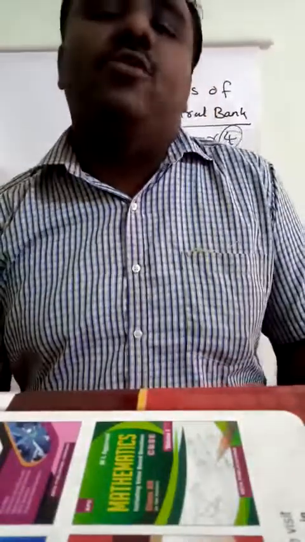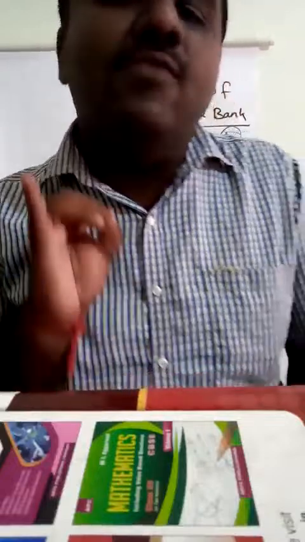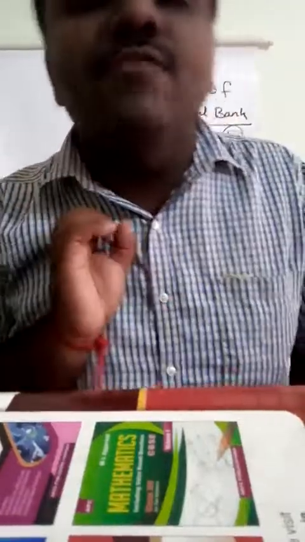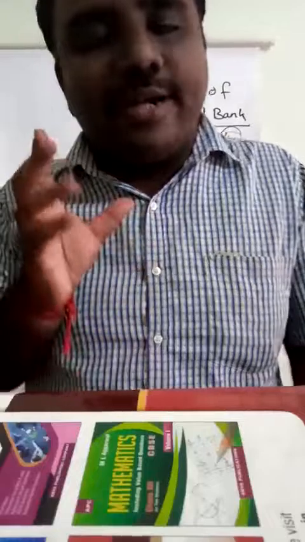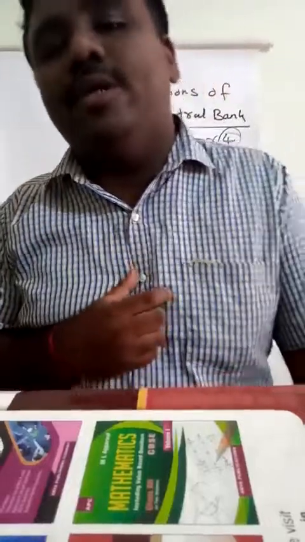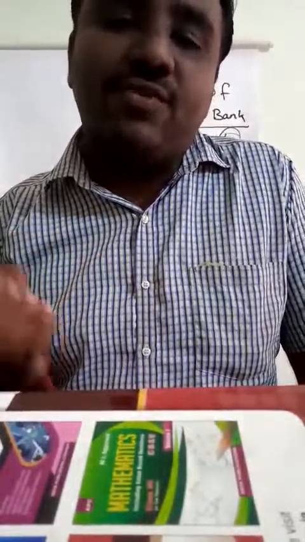So in today's class we have discussed the quantitative methods of credit control. Under the quantitative method we have discussed the bank rate, the repo rate, and the open market operation. The definitions are very important, and also the explanation of what a central bank will do at the time of inflation with the bank rate.